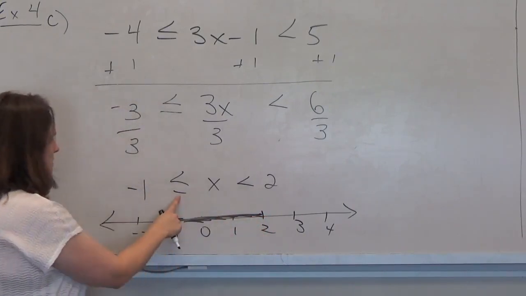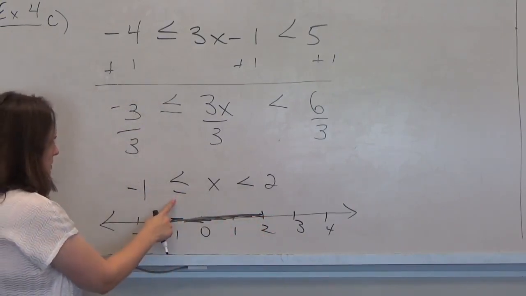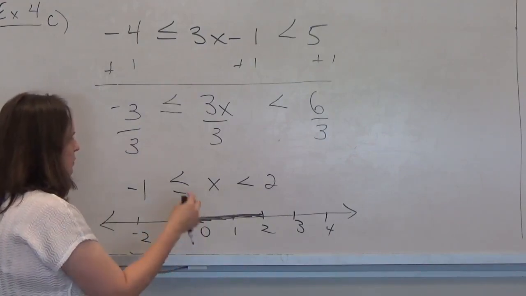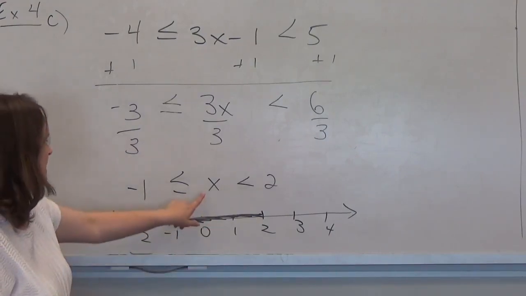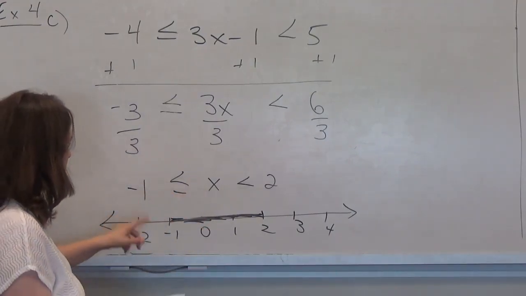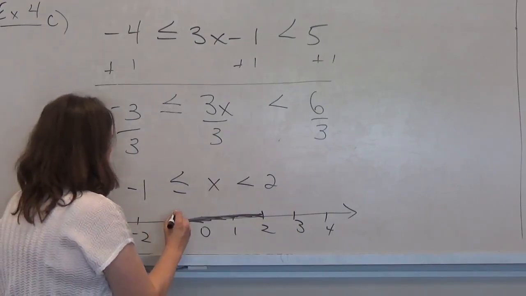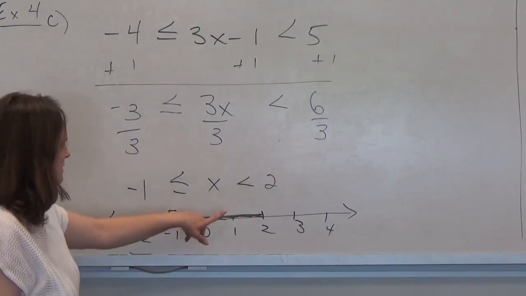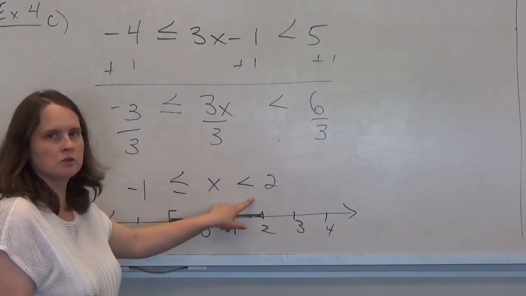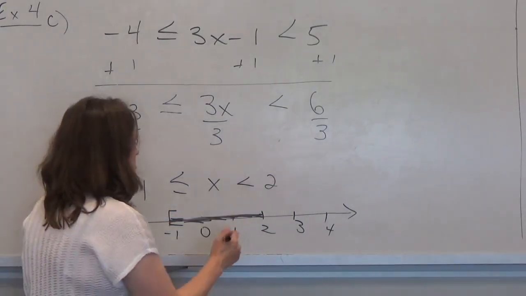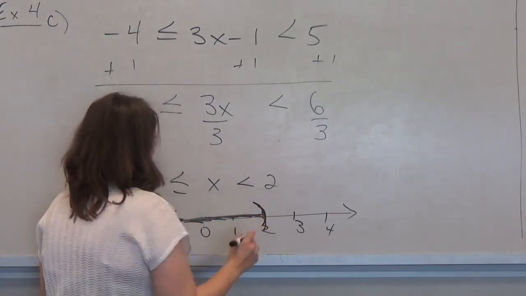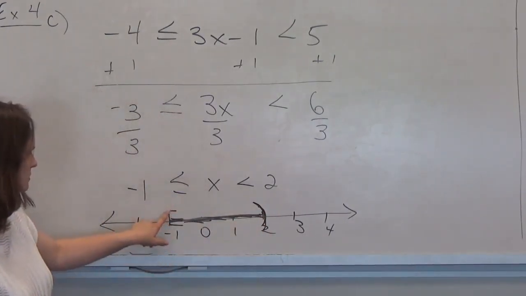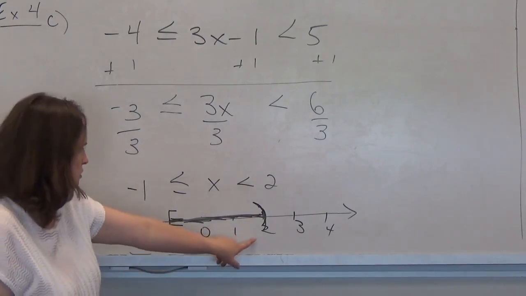The symbol here tells me what to put at the negative 1. If you were to break this apart, it would say x is greater than or equal to negative 1. So you need to use the closed circle or the square bracket at negative 1. Over here, x is less than 2, so you can use the open circle or the round parenthesis at 2. So this is the graph from negative 1 to 2.